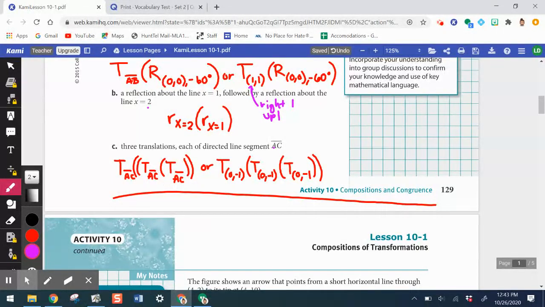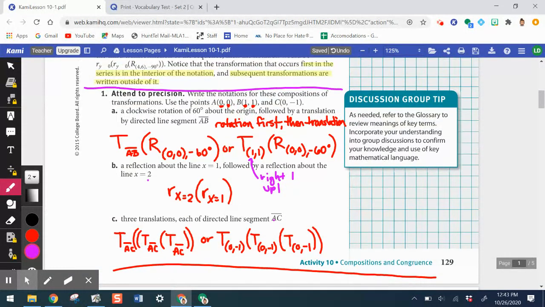Or let's go back and look at the coordinates from A to C. If we're going from A to C, I see that my x value did not change. So we don't go left or right at all, since the x value of both A and C are the same, but look at our y values for A to C. If I start at 0 on the y-axis and go to -1 on the y-axis, really I'm going down 1.